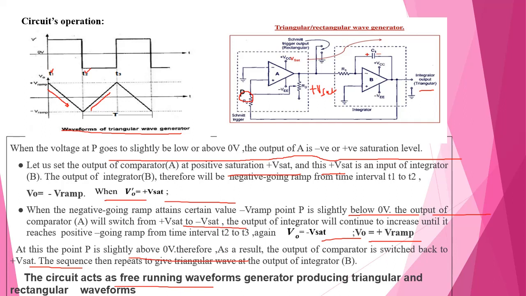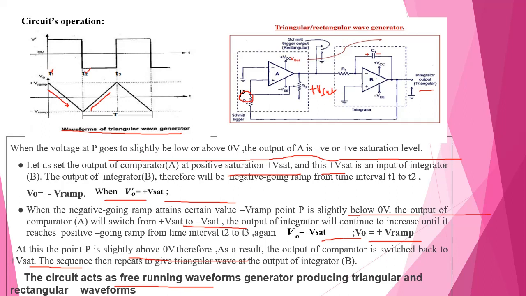Now let us set the output of this comparator at positive saturation, that is plus Vsat, and this Vsat is the input of the integrator.